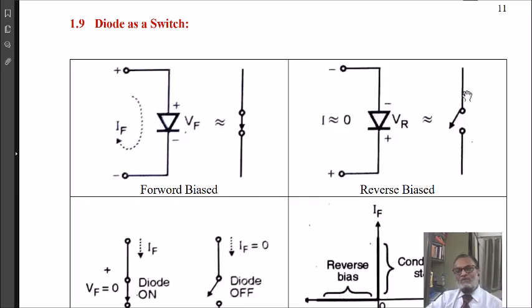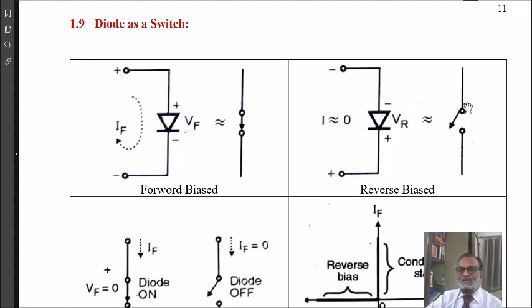Whereas during the reverse bias case, when the switch is open in the mechanical switch, no current flows through the open circuit switch. Whereas when reverse bias is applied across the diode, and if you compare the diode with this open circuit switch, the diode in reverse bias carries no current ideally, but practically the current flowing through the diode, that is the reverse leakage current, is very small, but not zero.